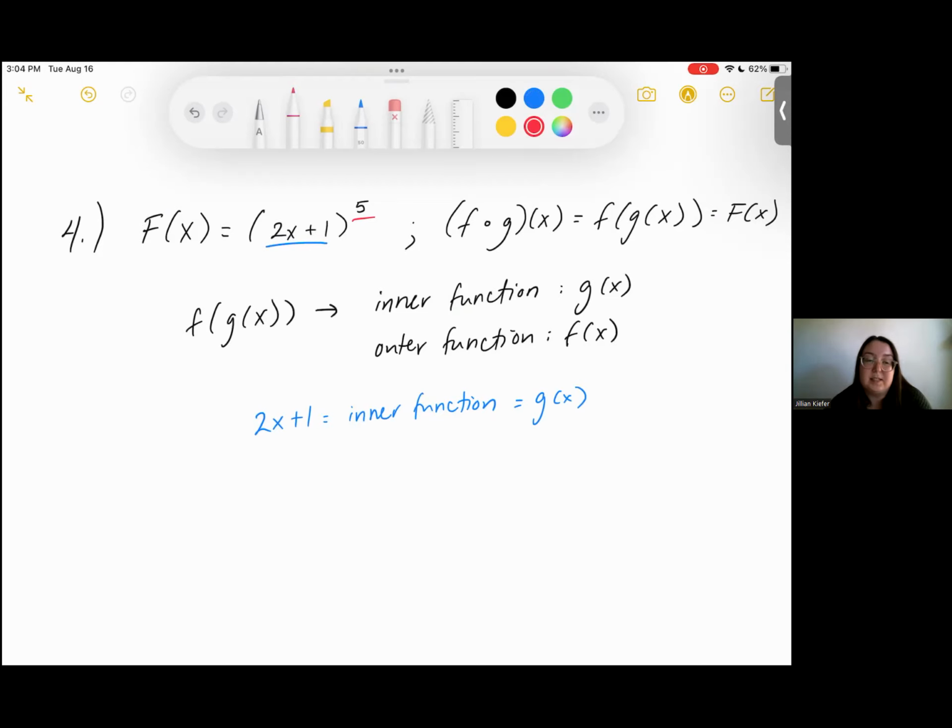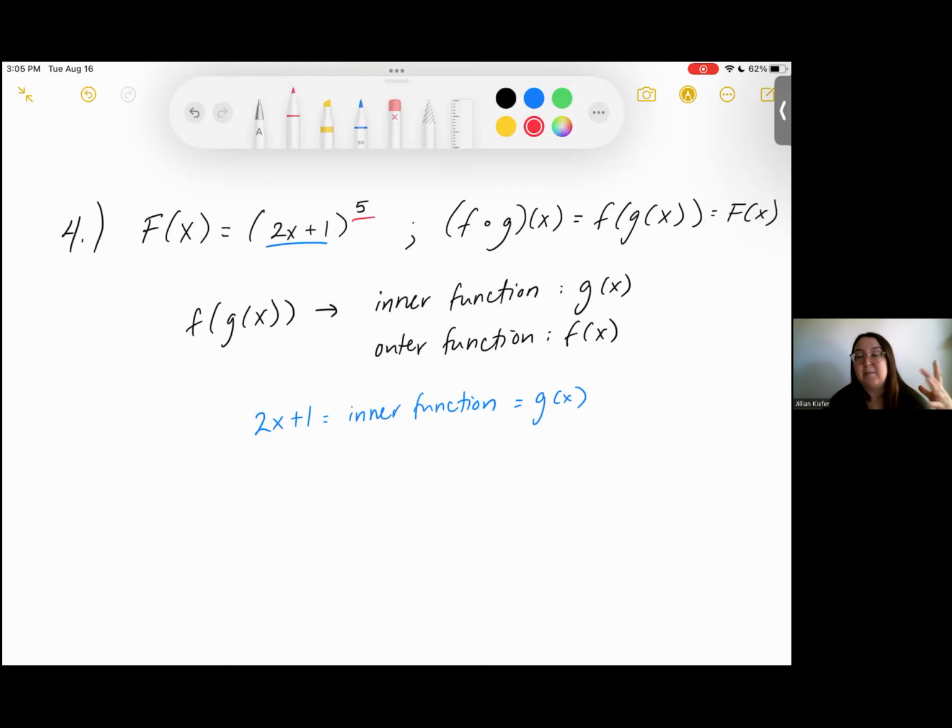Then on the opposite side, we have something to the power of 5, the inner function to the power of 5. So we have the inner function inside another type of function, which is that power. If 2x plus 1 is g of x, then it replaced x in f of x, so x would have been taken over entirely by 2x plus 1.